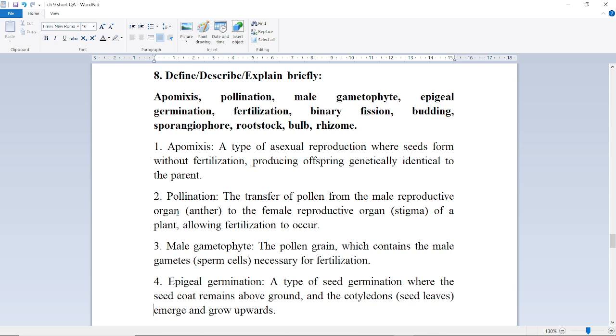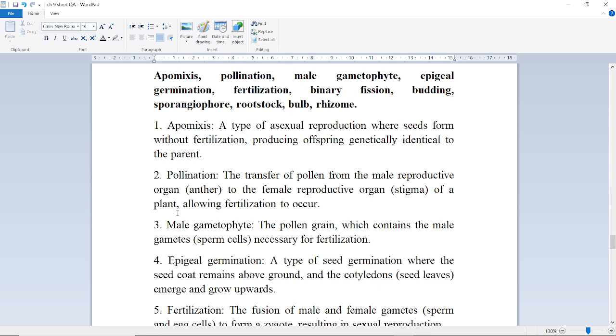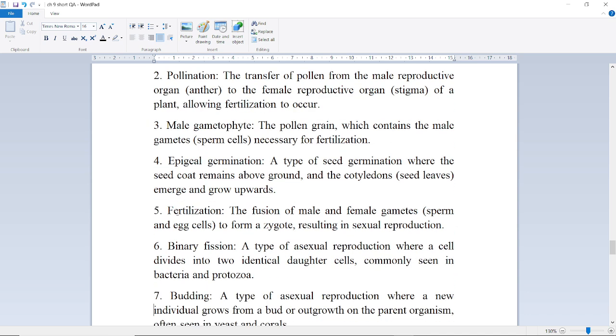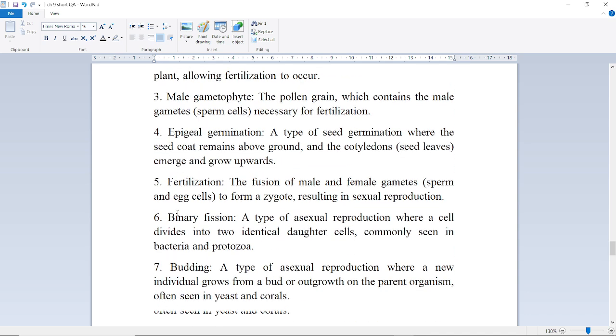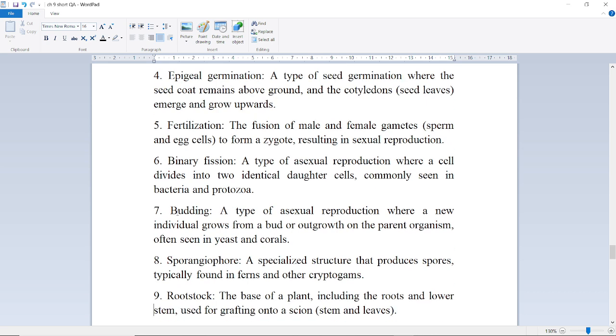Next is apical germination, a type of seed germination where the seed coat remains above ground and the cotyledons, seed leaves, emerge and grow upward. Next is fertilization, the fusion of male and female gametes, sperm and egg cells, to form a zygote resulting in sexual reproduction.